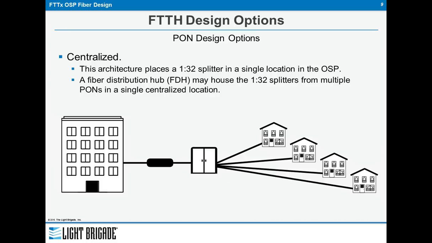Depending upon your growth rate and your take rate, that may be an advantage. One of the advantages of having a cabinet is incremental capital cost. Another advantage is troubleshooting access. You have a segmented link from the central office to the cabinet and then the cabinet to the home, which may provide an advantage or access for troubleshooting.